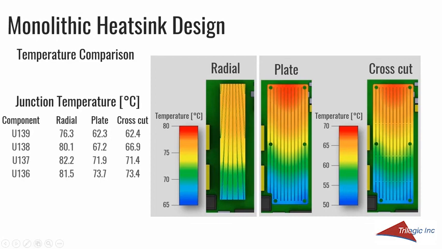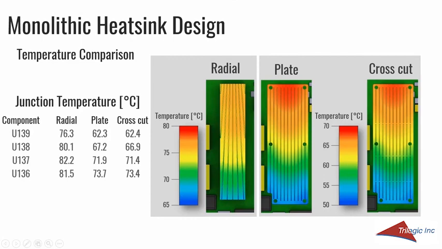Where these don't, they're well below the maximum operating limit, but there's about a 10-degree delta between the forward and rear components. But I think that could be easily compensated for by having a thicker base. So again, let's use that connection through the conduction process between these components and improve it by giving it more cross-sectional area to conduct heat through. So I think that could be taken care of.